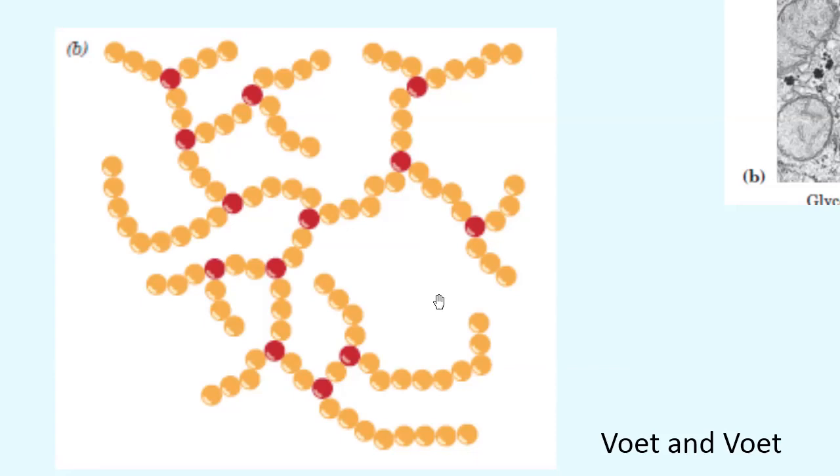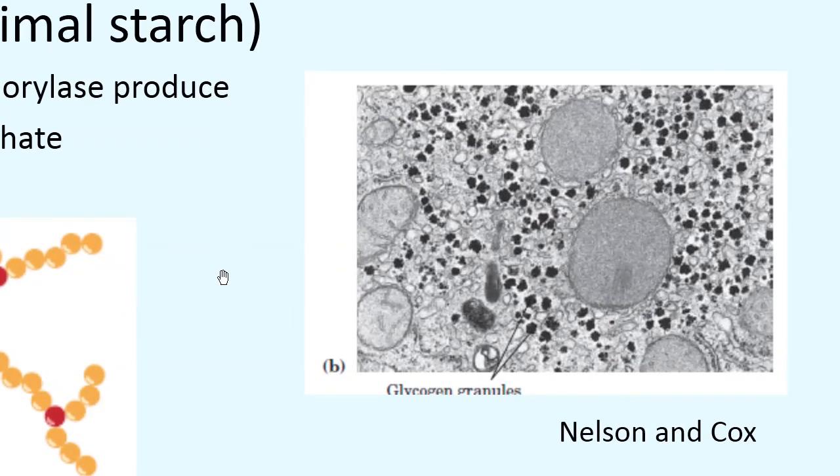The figure below shows the structure of glycogen. The yellow circles represent alpha-1 to 4 glycosidic bonds between glucose monomers. Red circles represent the branch points. The figure on the right shows a micrograph of animal cells containing glycogen granules in them.